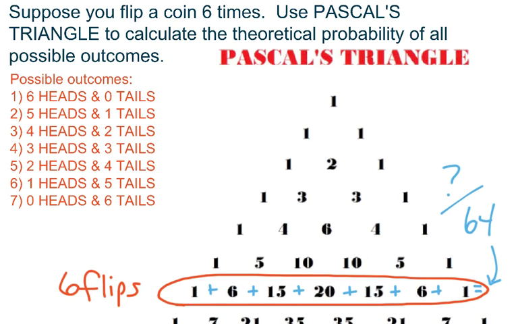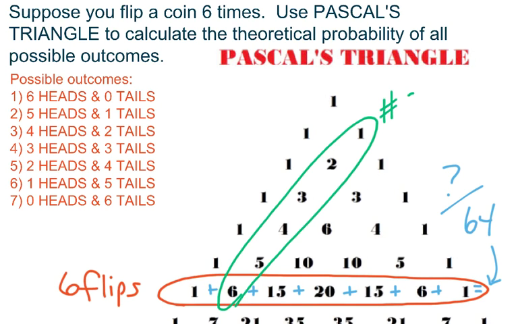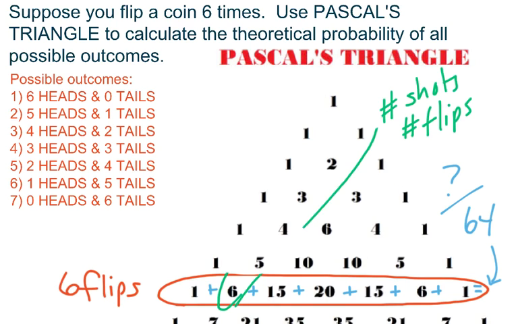So we're going to flip a coin 6 times. You'll notice that this row right here represents the number of shots, number of flips, number of events that's going to occur. Since there's 6 events, we're going to circle that row there.